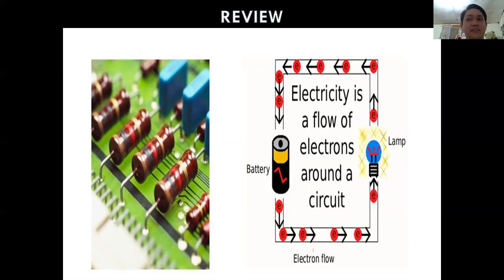In a complete circuit, we have the battery, we have the electric wire, and also we have a lamp so that the electrons can flow through the circuit. And that is how we describe a complete electric circuit.